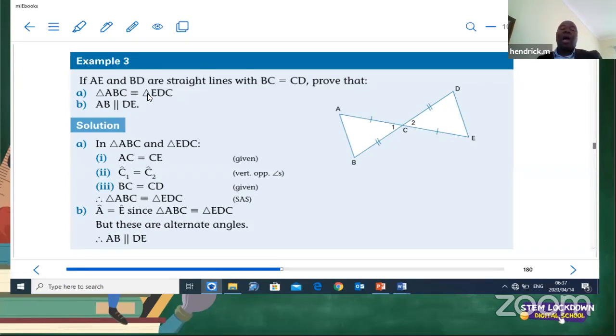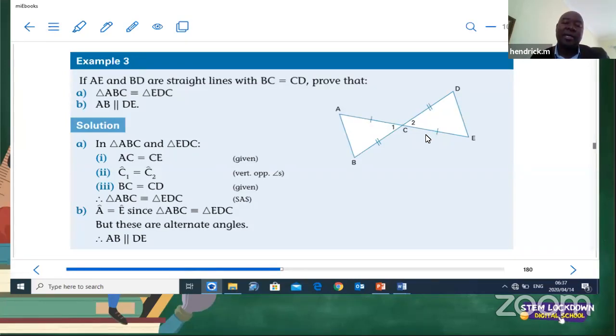Now, how do you proceed to prove that the two triangles are congruent? You can start by looking at the information that is given. Obviously, we are given the line AC, and we are told that the line AC is equal to the line, and of course, we are given that information.